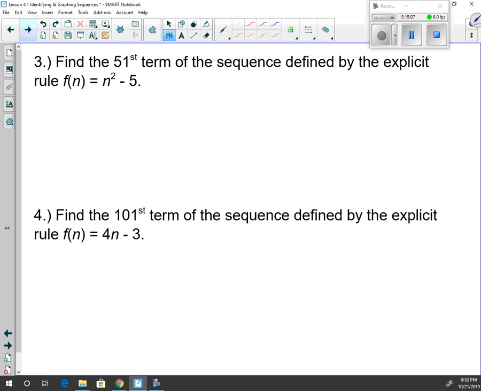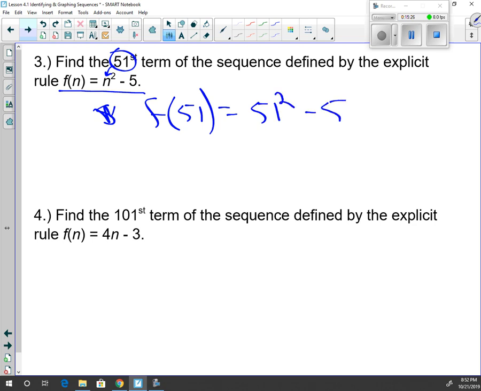Because it's an explicit rule, I can take this 51 and substitute it right in here for n, right? So I want to say that f of 51 is equal to 51 squared minus 5.